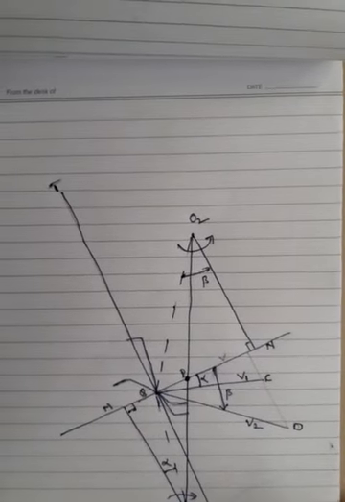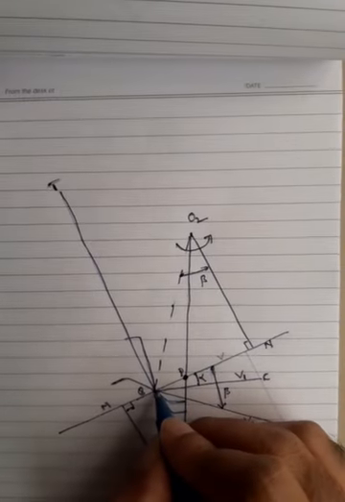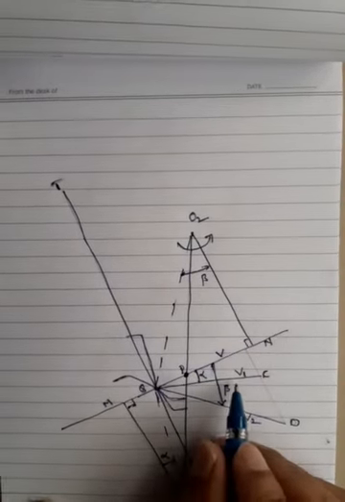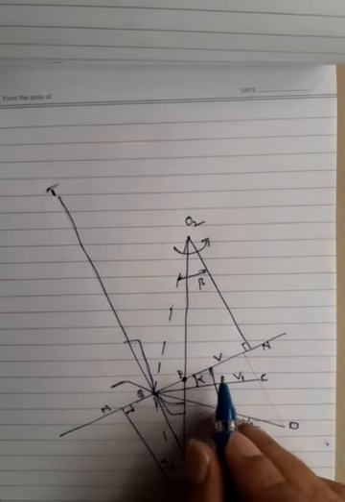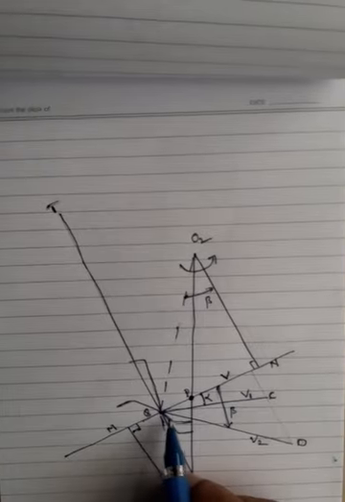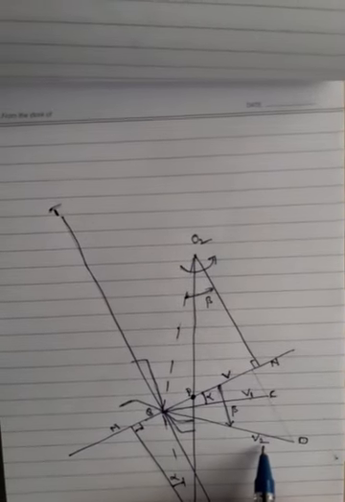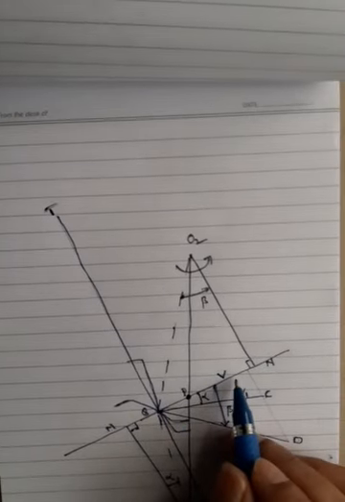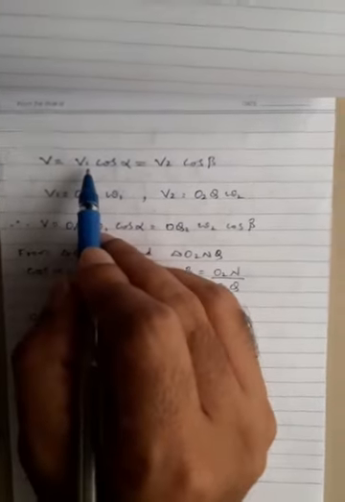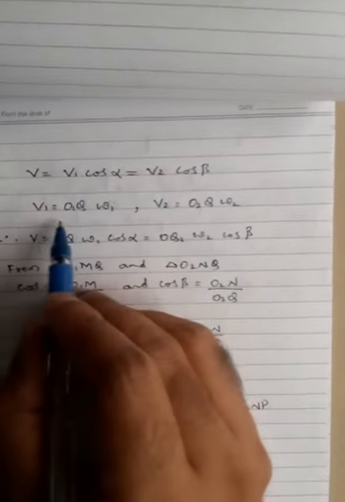Now for the two teeth to remain in contact with each other, the velocity components V1 and V2 must be equal along the normal QN, which is given by the velocity component V. That is, the velocity component of V1 along the normal is equal to V, and similarly the velocity component of V2 along the common normal is V. Now the condition is V is equal to V1 cos alpha, which is equal to V2 cos beta. Now let us see what V1 is.